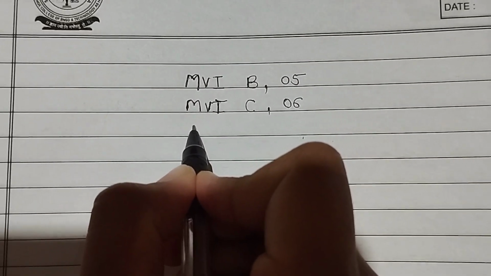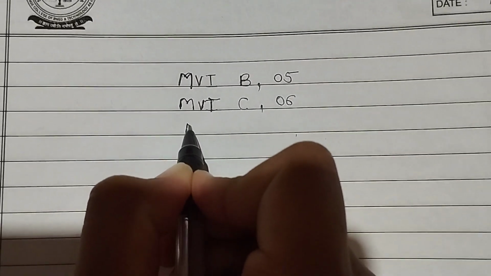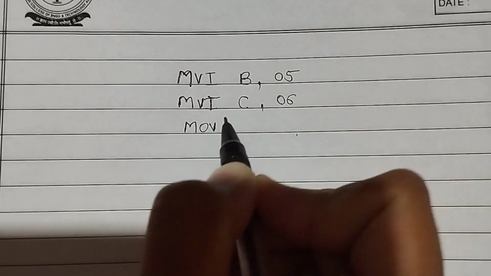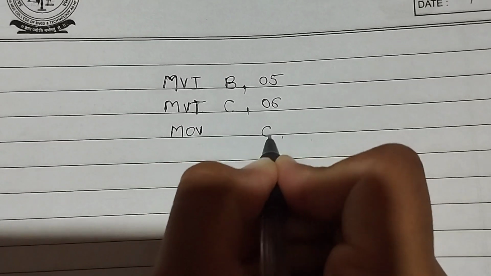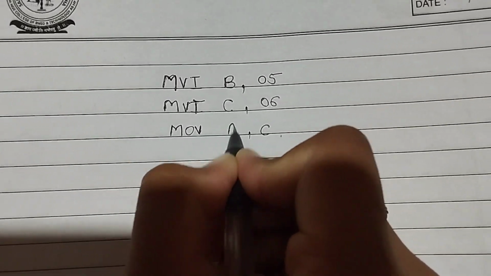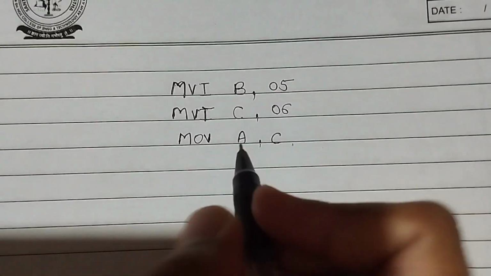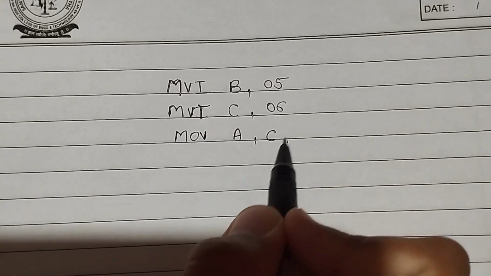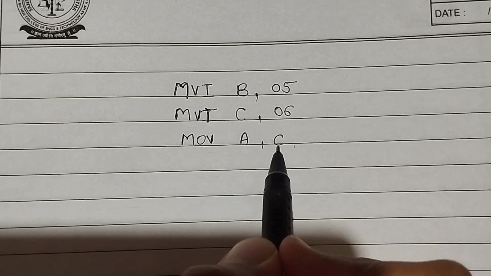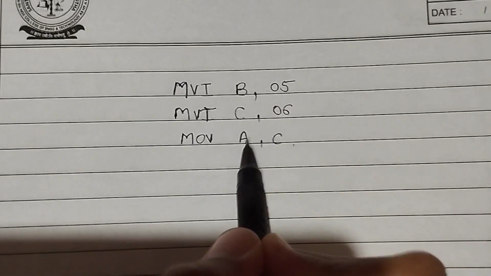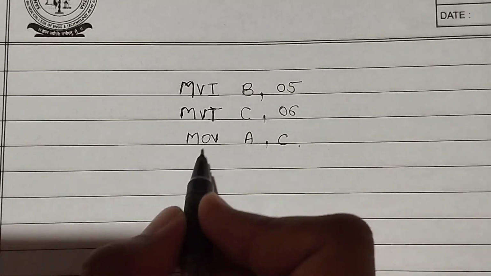For that purpose we move one register into the accumulator. So again we use the instruction move: C register into A. MOV A, C means move the 8-bit data stored in the C register to A, the accumulator. Now we add.